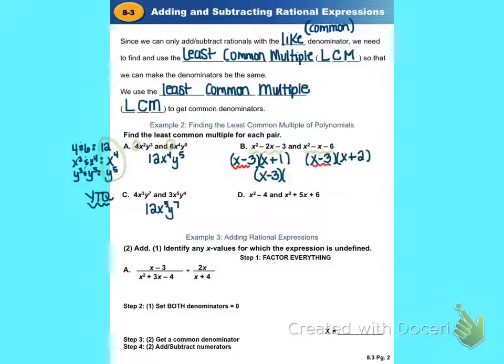And so essentially what we do is once we factor it, we just list all of the binomial factors. And we don't put any repeats, because if there were repeats, that means it was a common factor of both already. So our least common multiple of these two polynomials would be x minus 3, x plus 1, and x plus 2. We make sure each one of these binomials is represented, and that would give us our least common multiple.